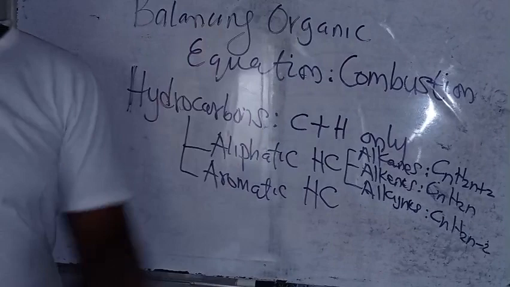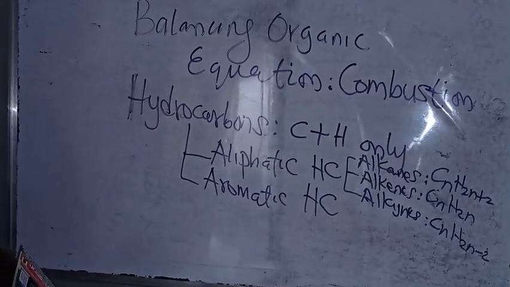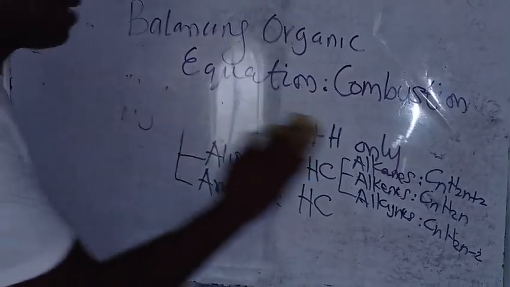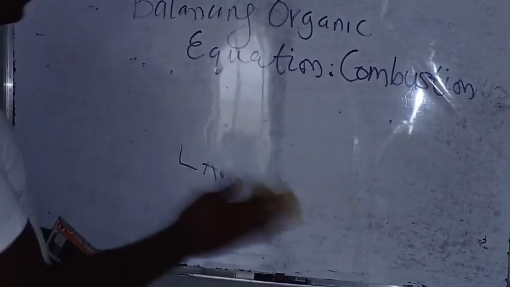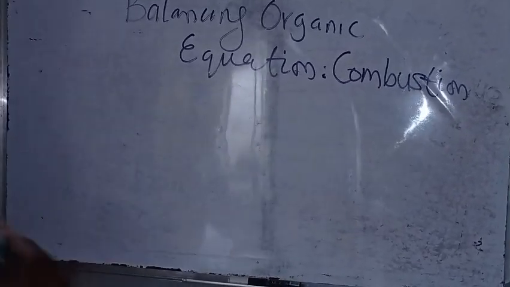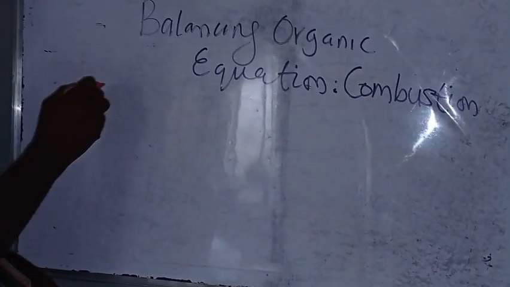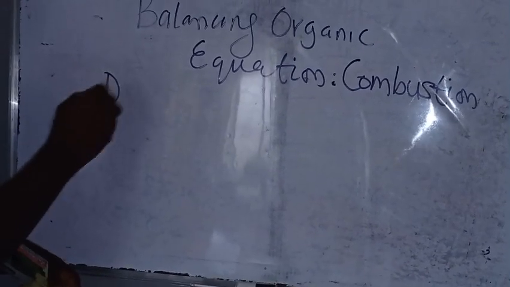And so we go straight to balancing an organic equation, zeroing down to what I've just mentioned. Now I want to balance, let's say, decane, a hydrocarbon that is called decane.